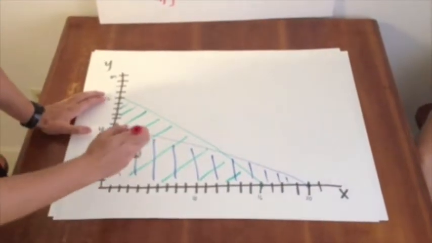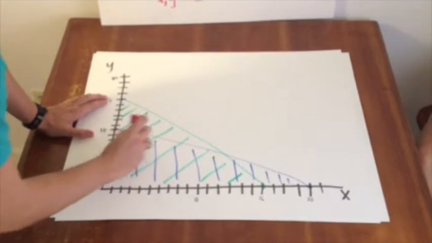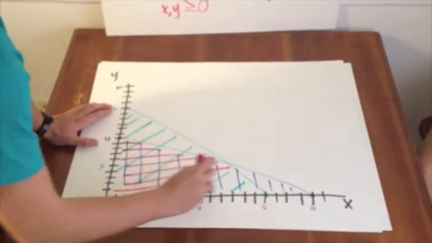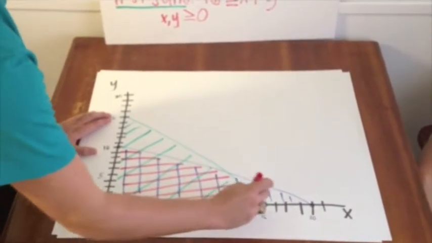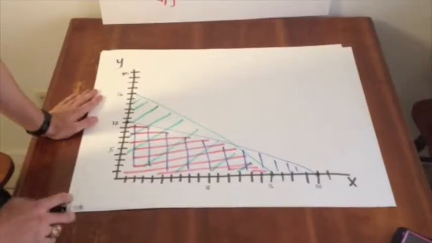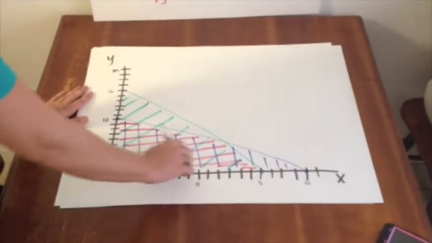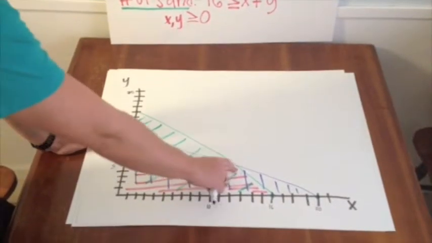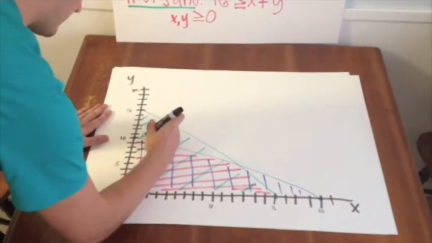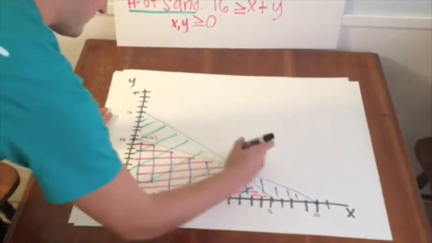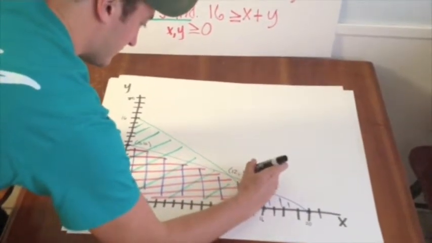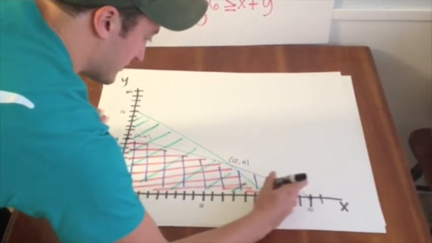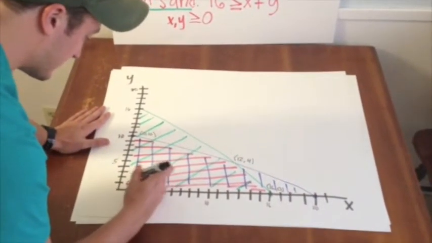So then here is where they both intersect. So the reason we shaded this pink region where they both overlap is because we're going to have our 4 vertices here at 0, 10, 12, 4, 16, 0, and 0, 0.